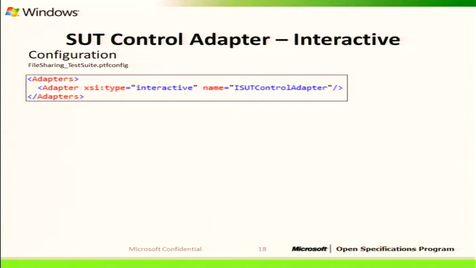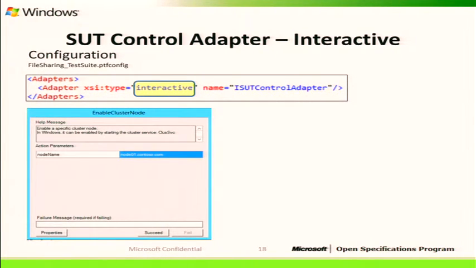If we need to use the interactive control adapter, we could set the adapter type as interactive. During the execution, there will be a wizard for you to take the action. After the action is done, we could set succeed, and the test case will continue to run.